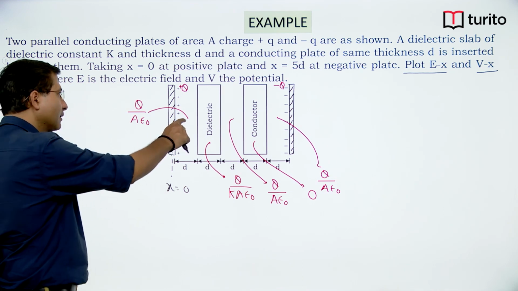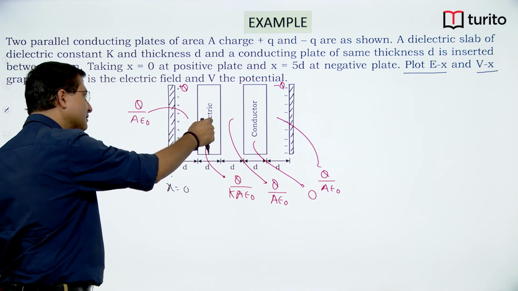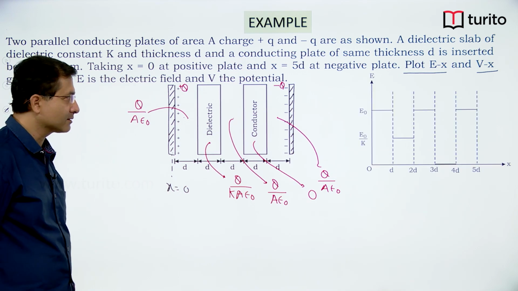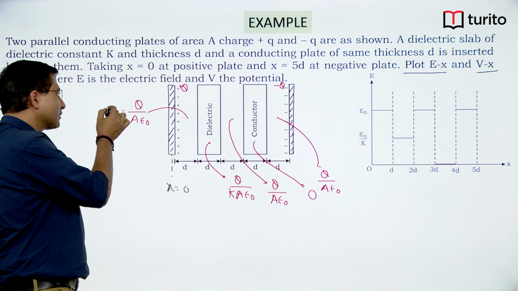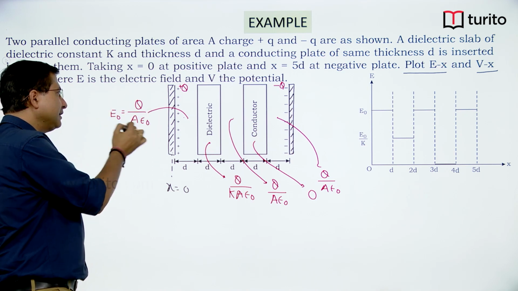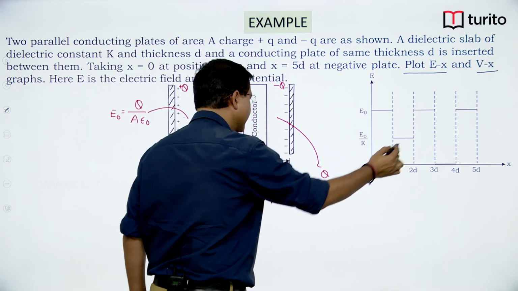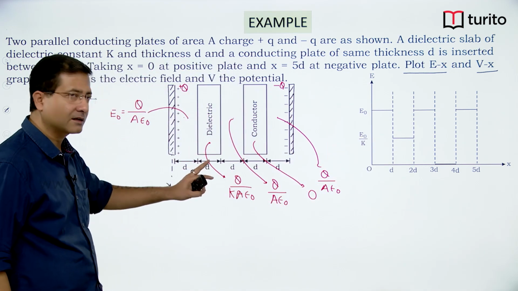So, whatever be the field there, by k is the field inside the dielectric, right. So, if I draw, I will get something like this. If this field I call E naught, here I am getting E naught, inside the dielectric I am getting E naught by k, right. So, this is up to the dielectric.